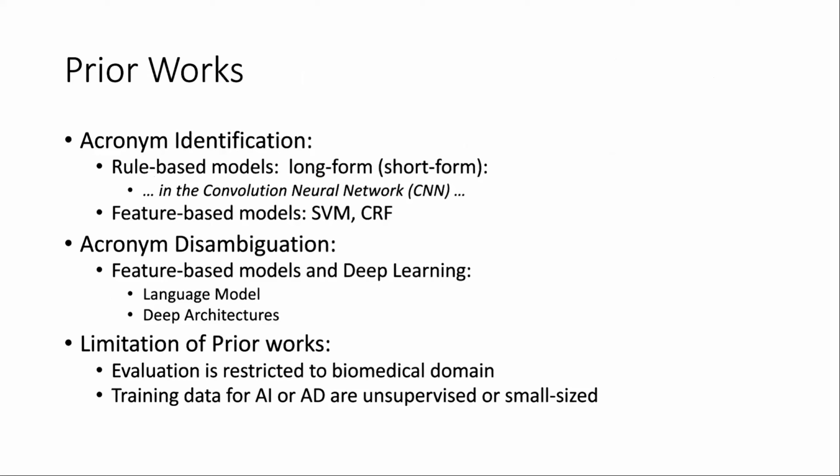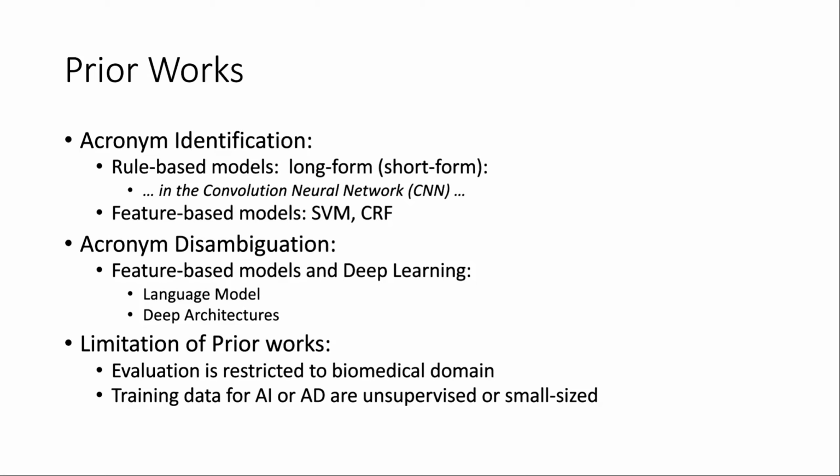For both of these tasks, we have a bunch of previous works, and specifically for acronym identification, rule-based models are the most common approach to use. For instance, the previous work have used some predefined patterns, such as the phrase that precedes an acronym, which is inside a pair of parentheses, is actually the expanded form of that acronym.